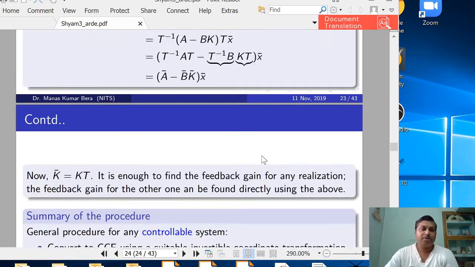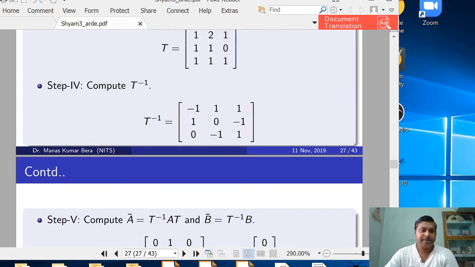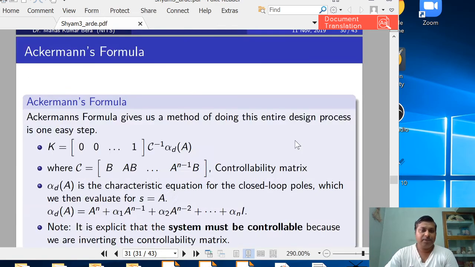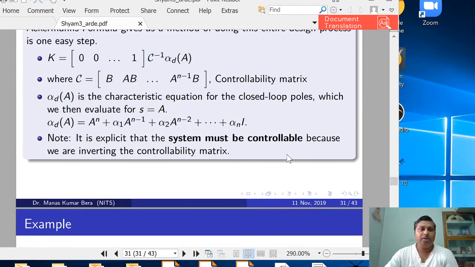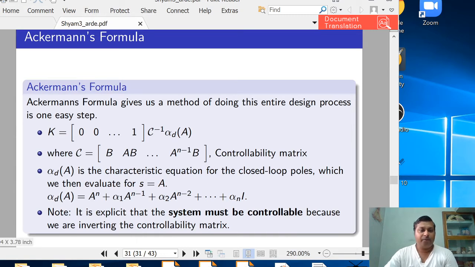So from there what we can say is that we have to calculate alpha_d(A), that will be A^n + alpha_1 A^(n-1) + alpha_2 A^(n-2) + ... + alpha_n I. Now from this formula it is very clear that to calculate the gain K, the controllability matrix must be invertible, meaning the system must be controllable.